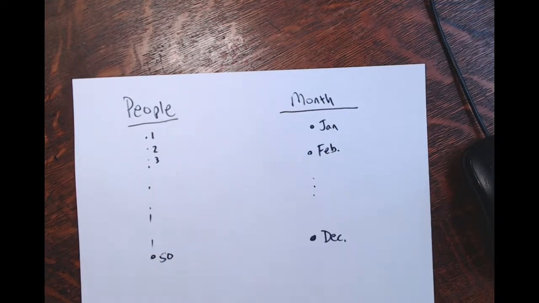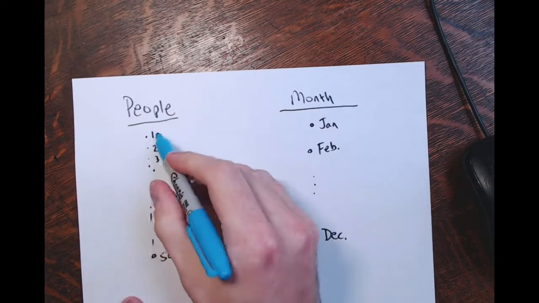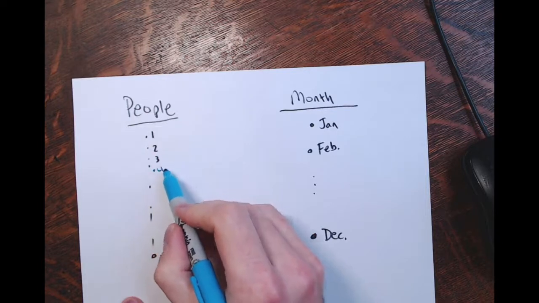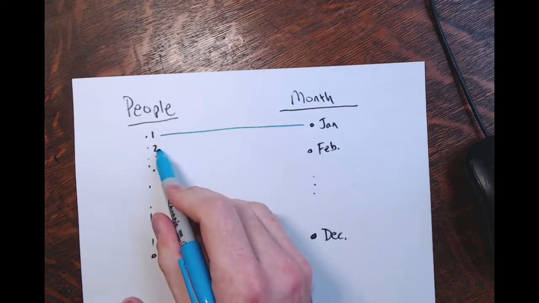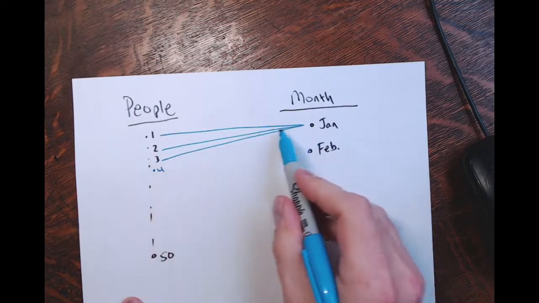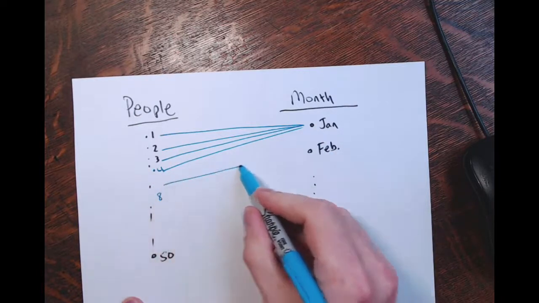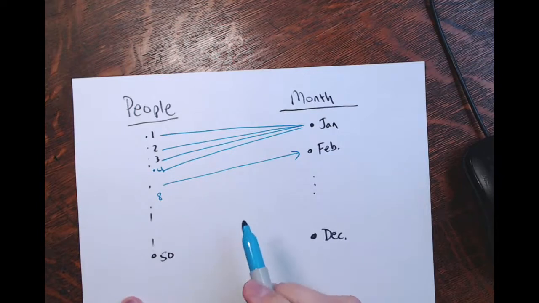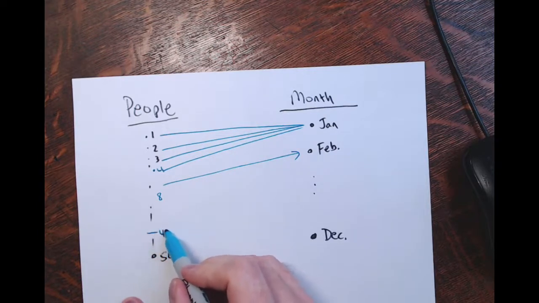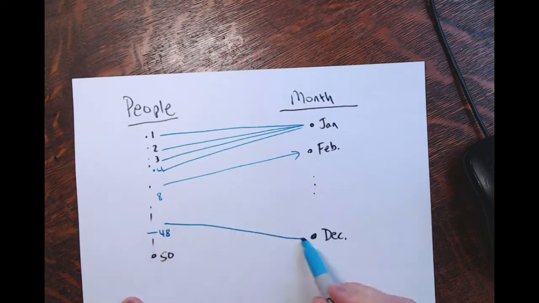Well, let's see. Say I grouped them by 4s. This could be a possibility. Persons 1 to 4 go to January, 5 to 8 go to February, and basically I'd go to 48. Persons 45, 46, 47, and 48 would then go to December.